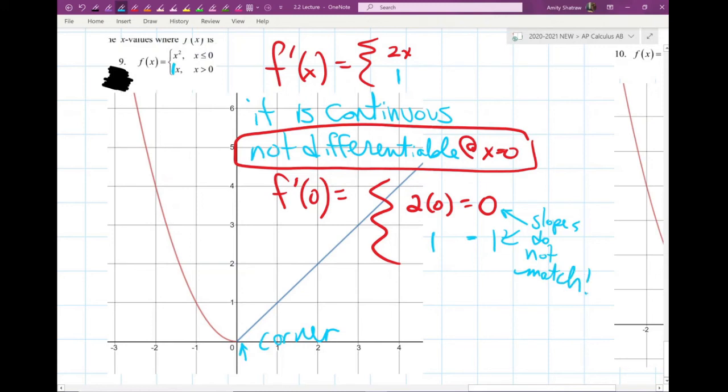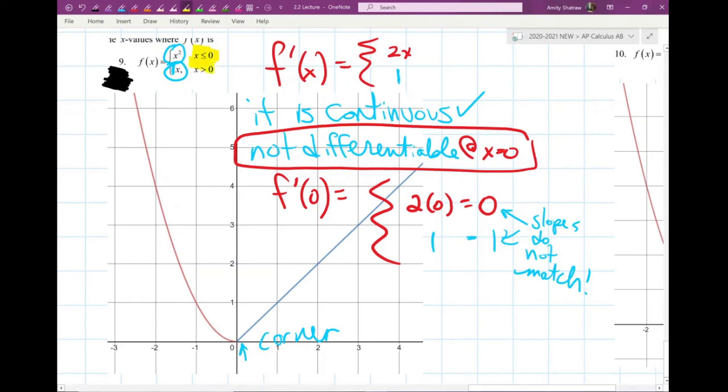Now at 0, what if you didn't have Desmos and you couldn't look at the graph? If you plug in a 0 here, you get 0 squared, which is 0. If you plug in a 0 here, you get 0 times 1, which is 0. So you knew that it was continuous if you plugged in 0. And why did I say 0?